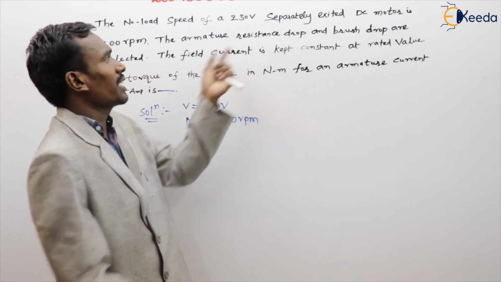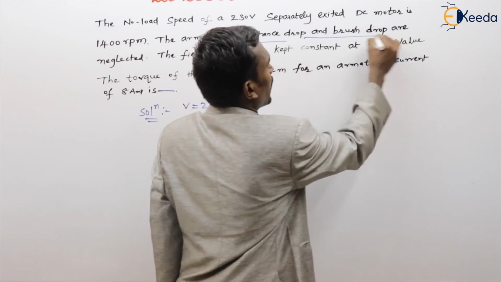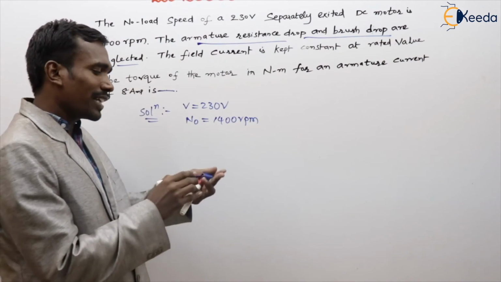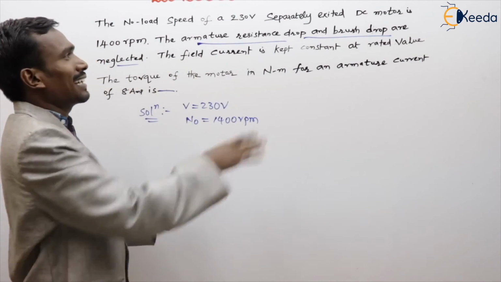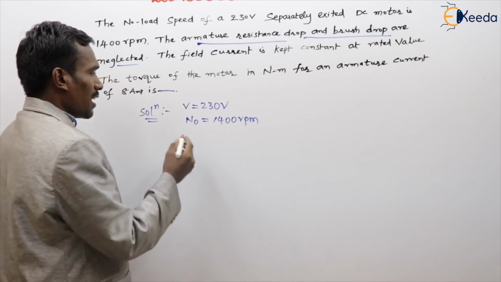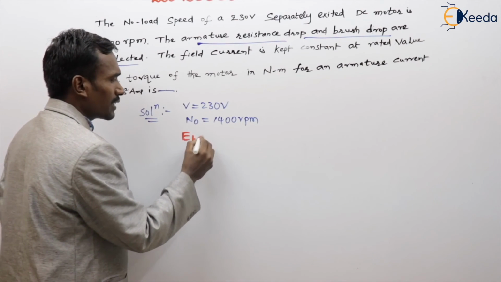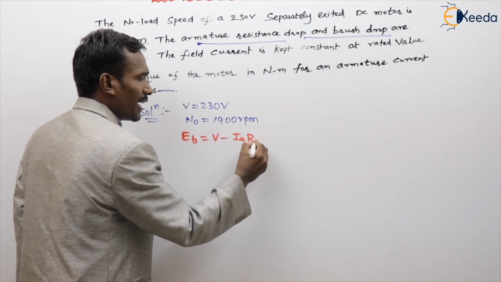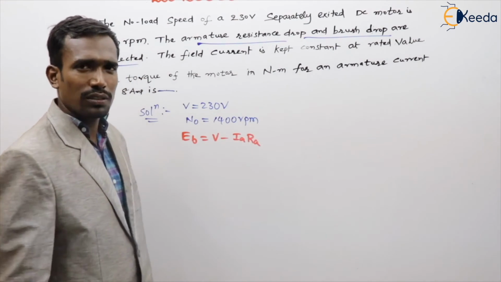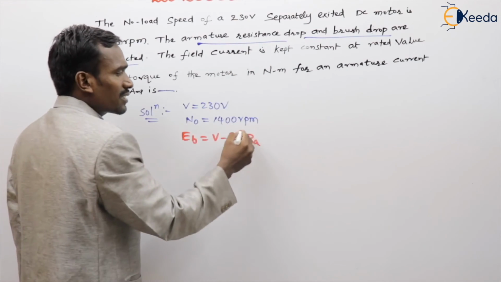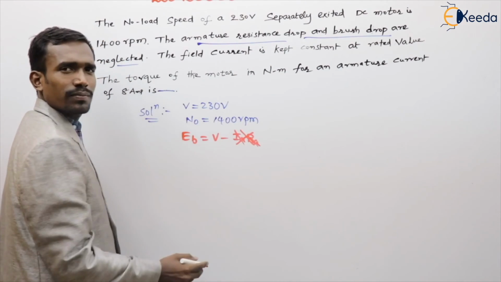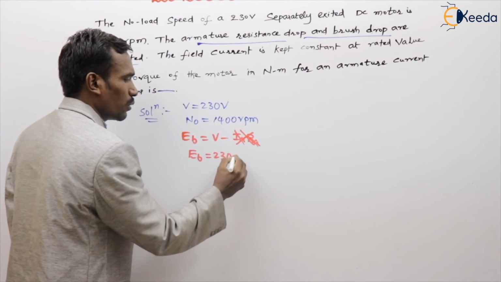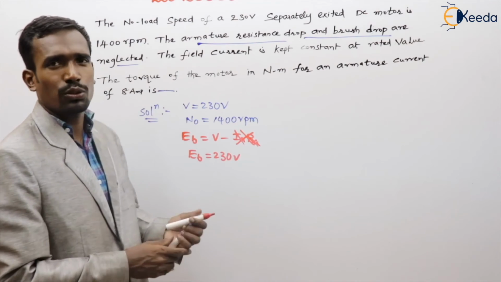The armature resistance drop and brush drops are neglected. Generally EB is equal to V minus IARA plus brush drop, of course. The armature resistance drop is also neglected. Then what is EB? EB is equal to 230 volts.